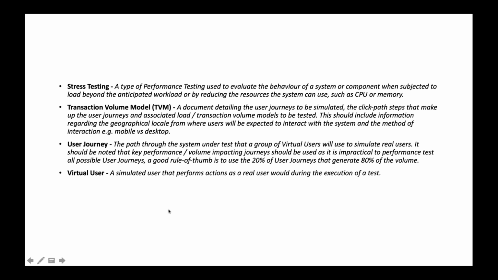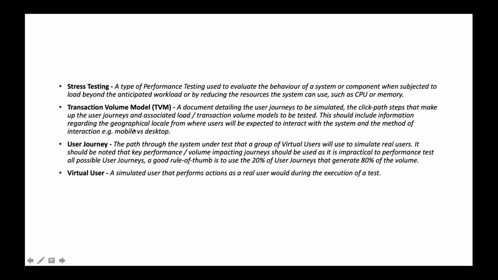Then this is again the transaction volume model, TVM. A document dealing with the user journey to be simulated, the click path steps that make up the user journey, and associated load per transaction volume models to be tested. This should include information regarding the geographical locale from where users are expected to interact.